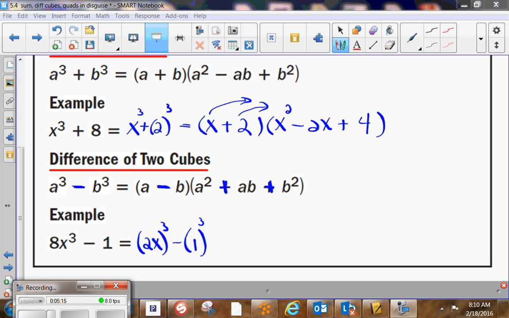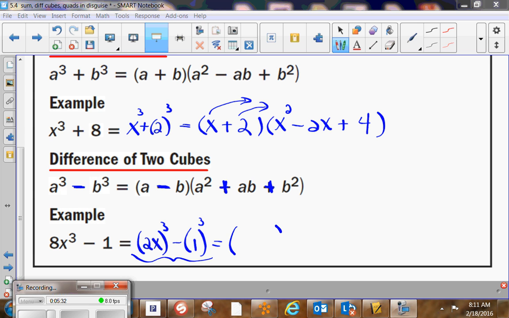And this is probably the most crucial step, the one that kids tend to leave out. So in this case, what's my a? What's my a? 2x, the whole thing, yeah. And what's my b?